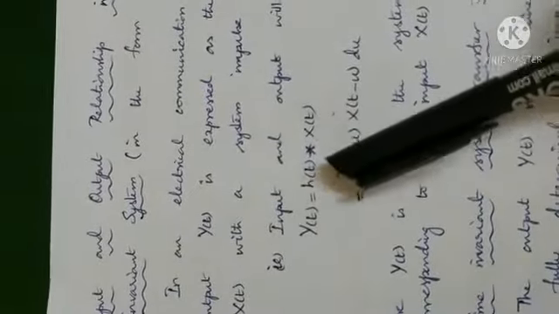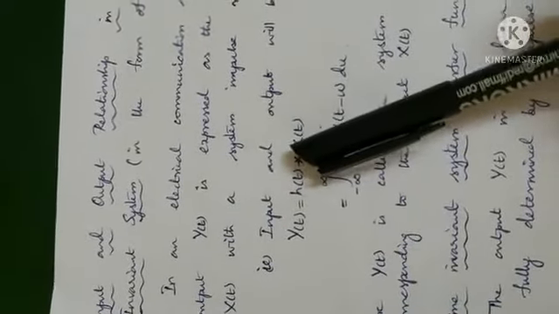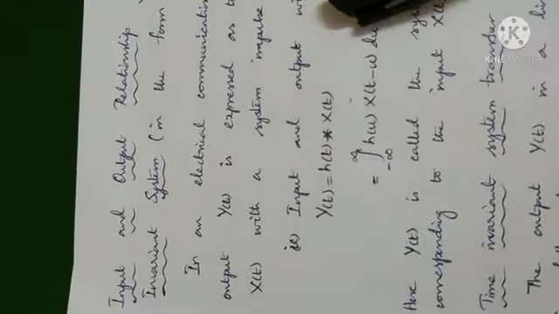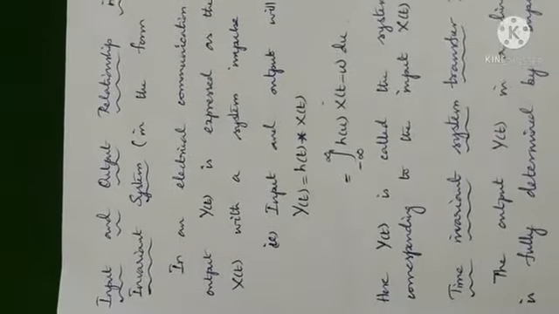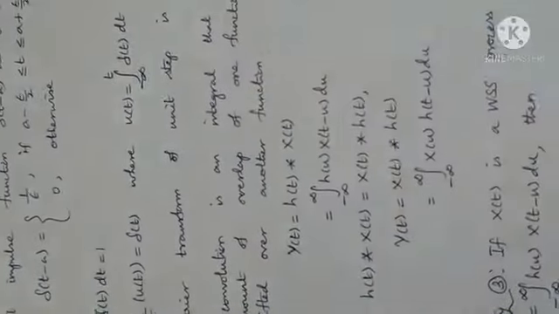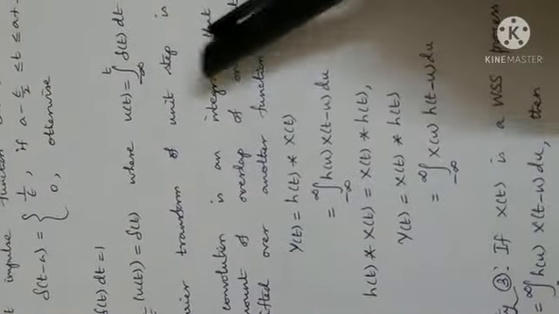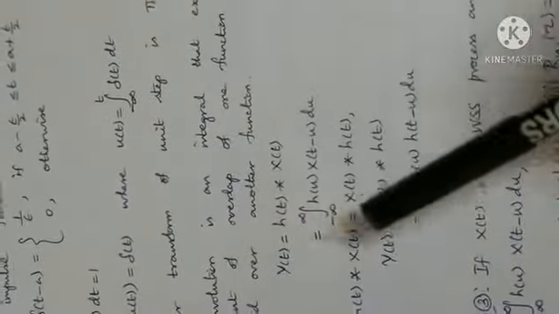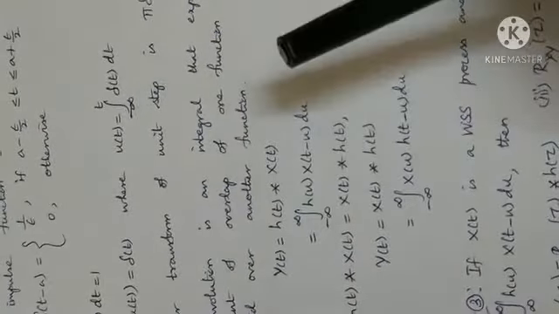Convolution is usually studied in the Fourier transform unit, but you don't have such a unit, so I give you a brief about convolution. Convolution is an integral from minus infinity to plus infinity.